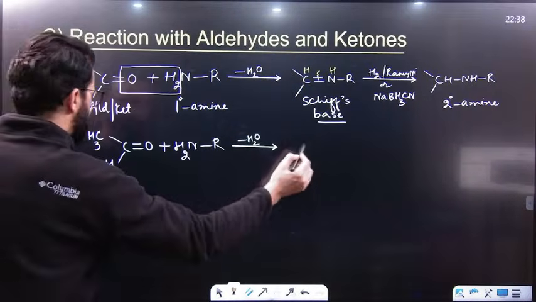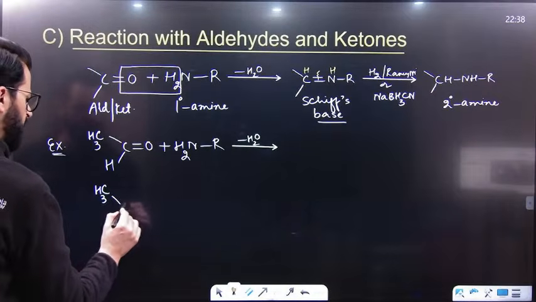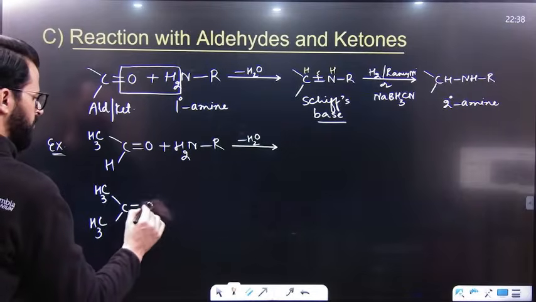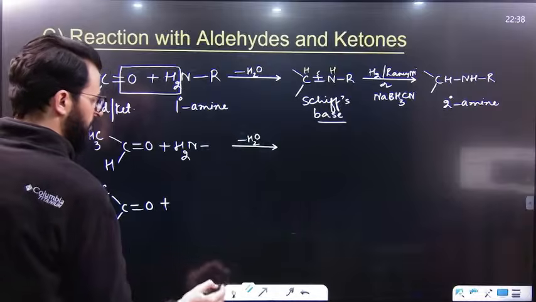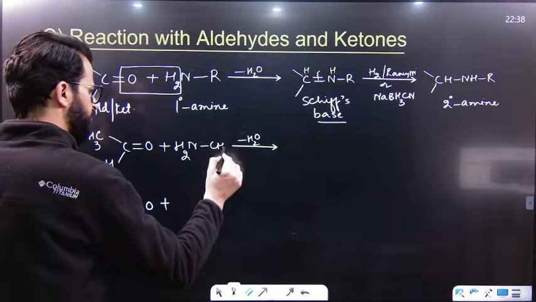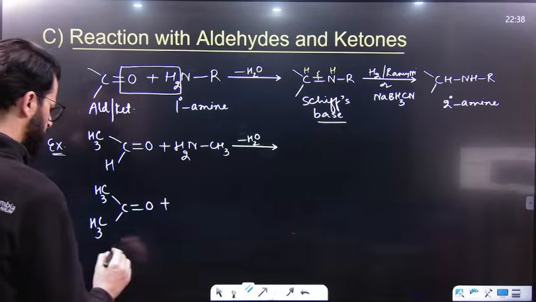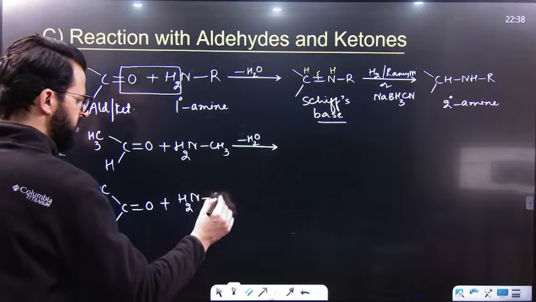Now tell me which type of Schiff's base will be formed over here, or what will be the product if an aliphatic ketone reacts with, let me write CH3 here, and then NH2 and then CH3 over here.